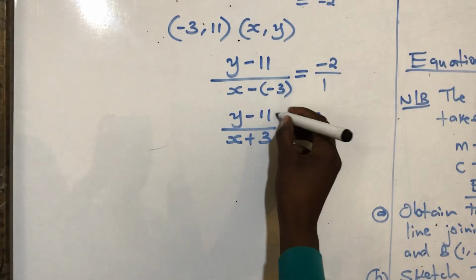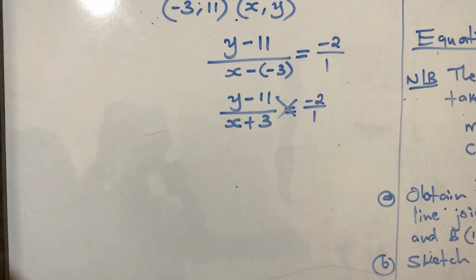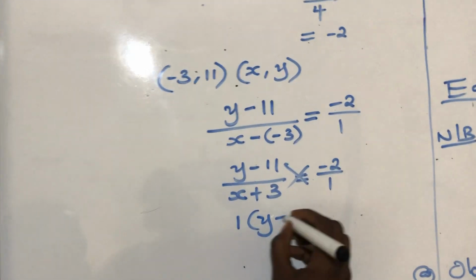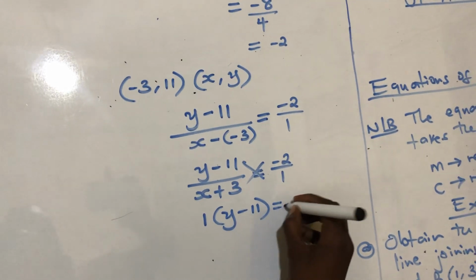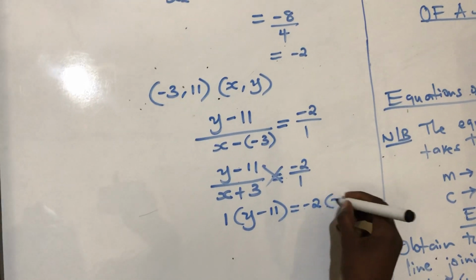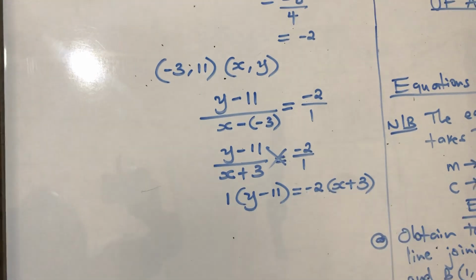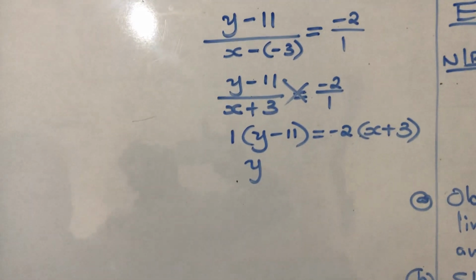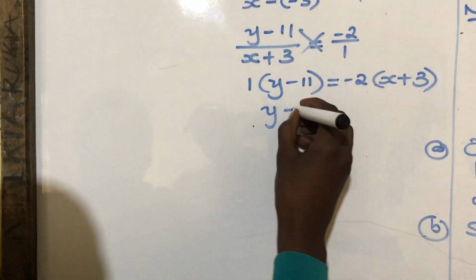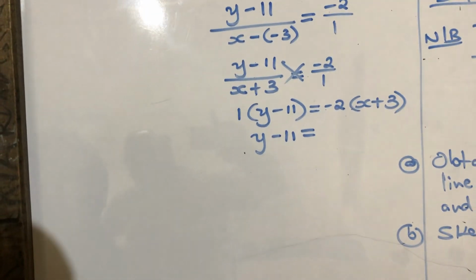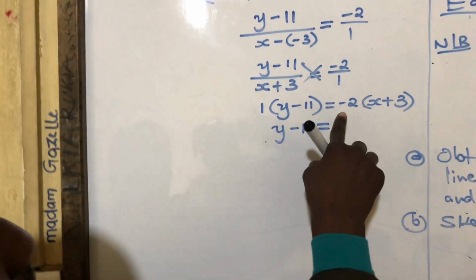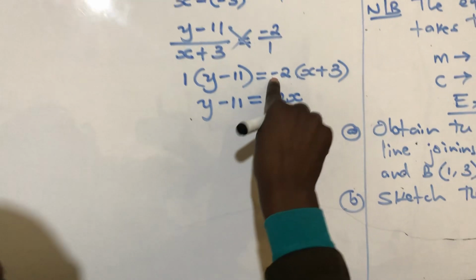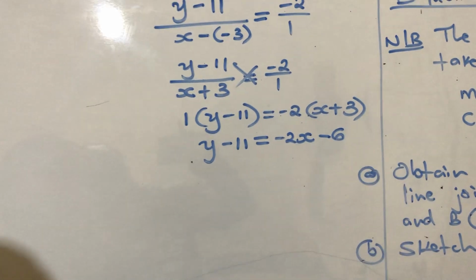We will then cross multiply. When we cross multiply, the 1 will be multiplied by y minus 11, then the -2 will be multiplied by x plus 3. What is 1 times y? That will give us y. 1 times -11 should give us -11. Equals -2 times x is -2x. -2 times 3 will give us -6.